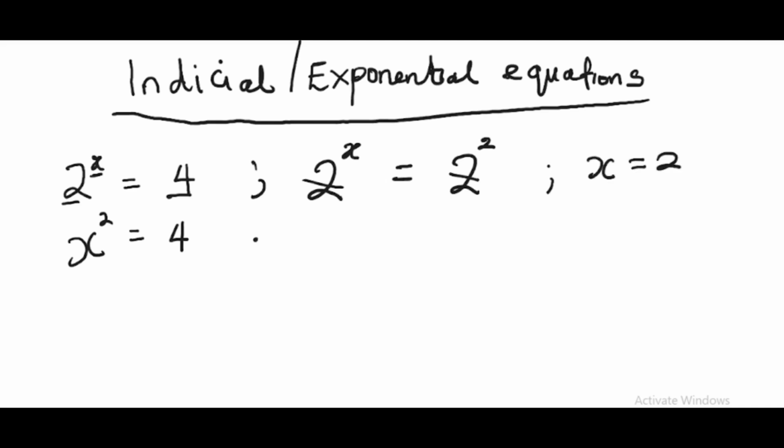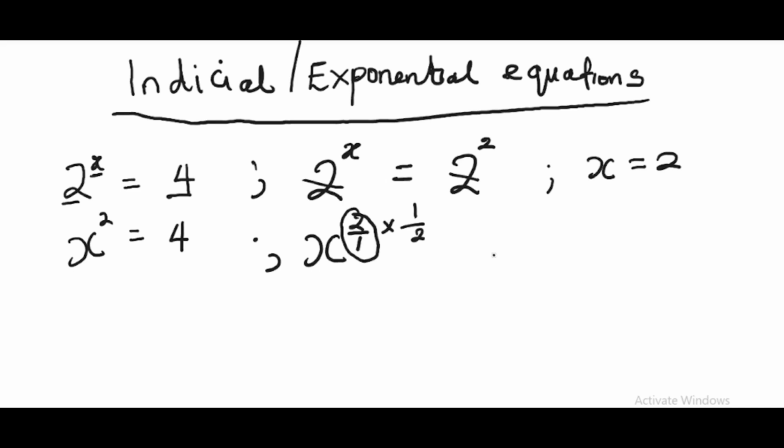Now what happens when the unknown, what you're looking for, is the base and not the power? What do we do? If you have x raised to the power of 2, the denominator of this 2 is 1. Now, what is the multiplicative inverse of 2 over 1? It is 1 over 2, because it is 1 over 2 that will multiply 2 over 1 to give us 1.